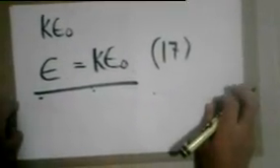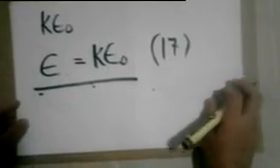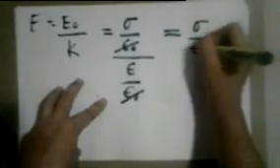In terms of epsilon, we can express the electric field within the dielectric from equation 14, which is E equals E naught over K. Since E naught is equal to sigma over epsilon naught, and K from the formula of the permittivity is equal to epsilon over epsilon naught, we cancel the epsilon naught, and we are left with sigma over epsilon.